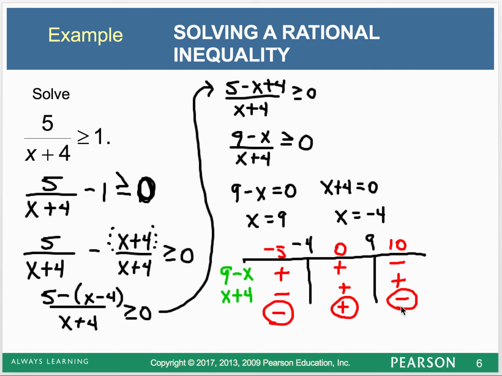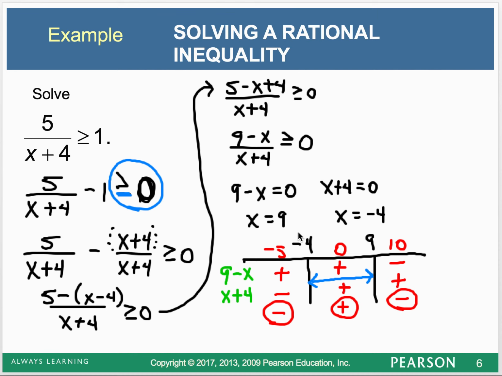Okay, so now for the first time, I go back and try to determine what I actually want, and I want the positives. Greater than 0 means positive numbers. That means this time I want this in between section again. And because it says or equal, I want to include these numbers unless it would make the denominator 0.